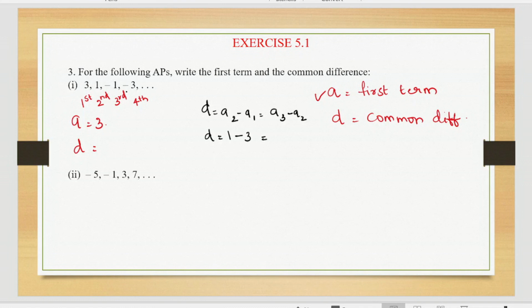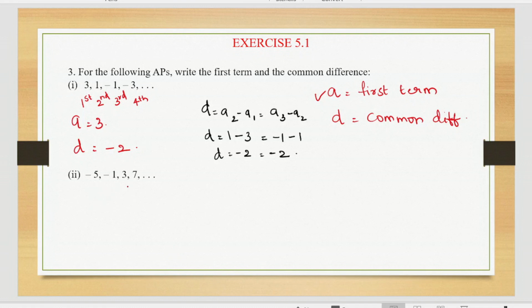Then A3 is -1 minus A2, which is 1. So you will get D is equal to -2. The common difference is the same for all the terms. So the common difference is equal to -2. Clear? Let us see the next question.